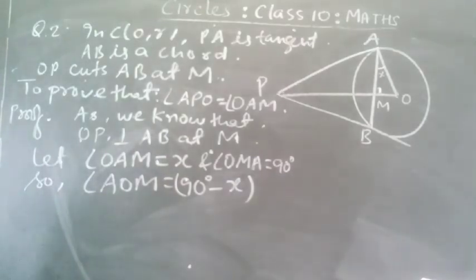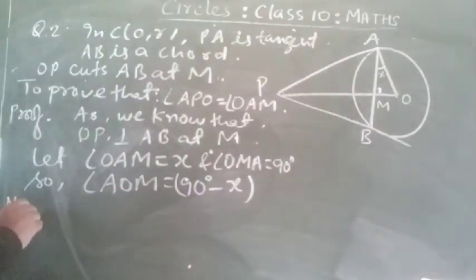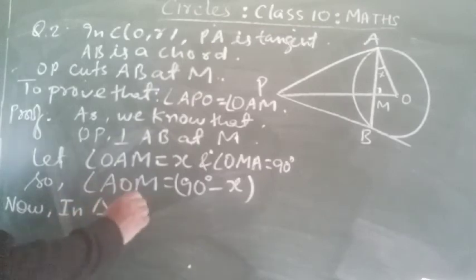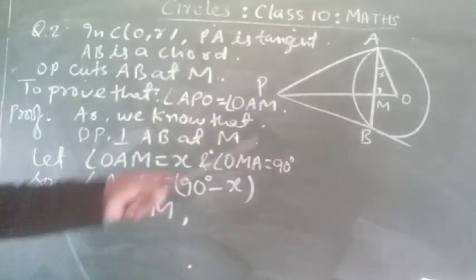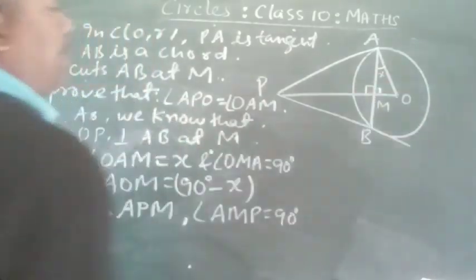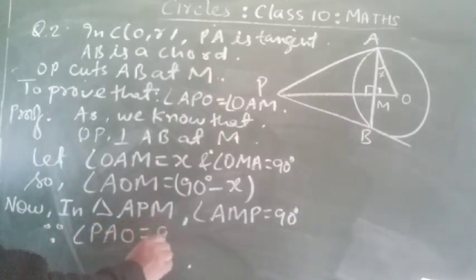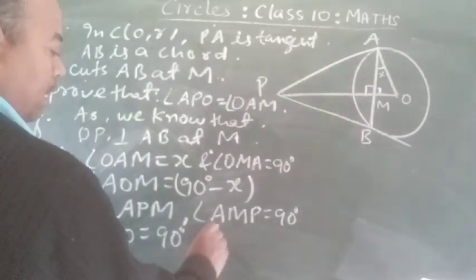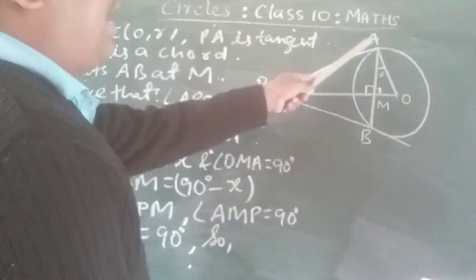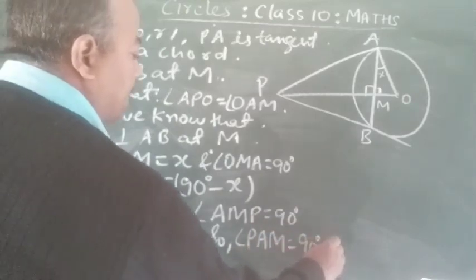Now in triangle APM, angle AMP is 90 degrees, and angle PAO equals 90 degrees, so angle PAM equal to 90 degrees minus x.